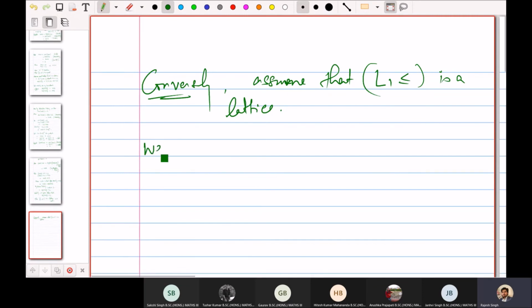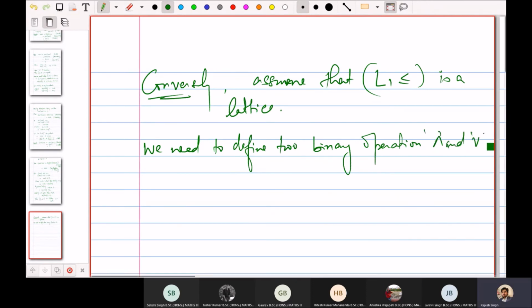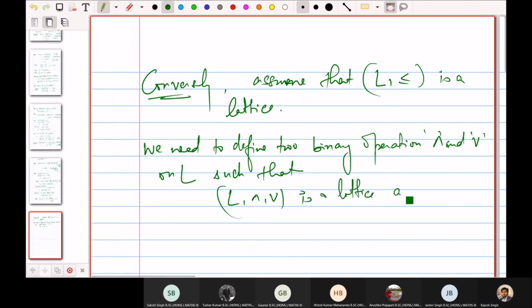So then we need to define two binary operations, cap and cup on L, such that L cap cup is a lattice as an algebra.